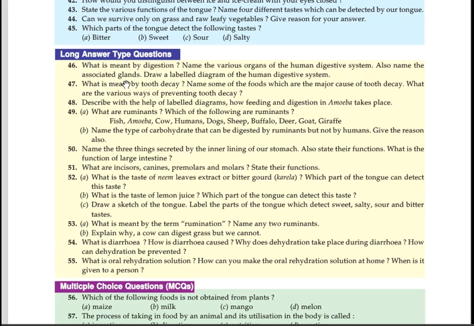Also name the associated glands: salivary glands, liver and pancreas. Answer of this question. Draw a labeled diagram of the human digestive system. So this is your homework. Only one question.